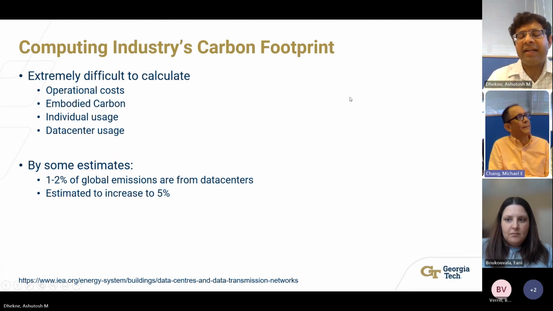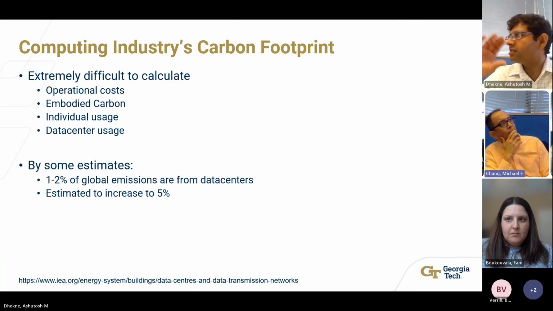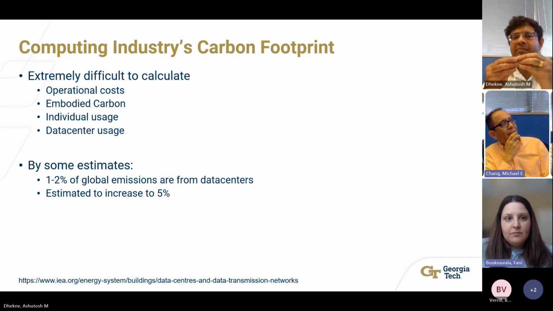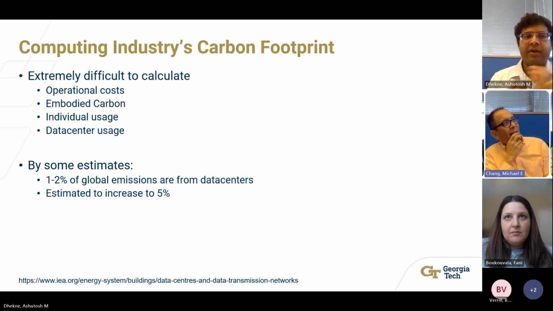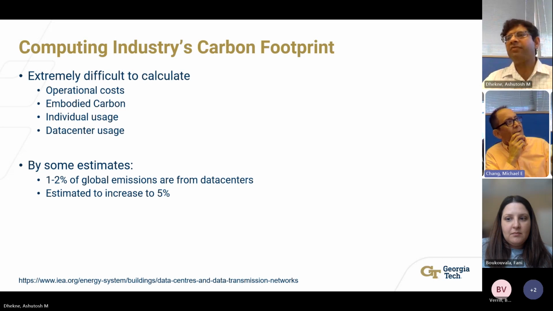So, the computing industry is an interesting piece in the entire carbon footprint world. First, it's extremely difficult to calculate. Why? Because if you were running a car a certain number of miles, you would need a certain amount of fuel to be put into the car.